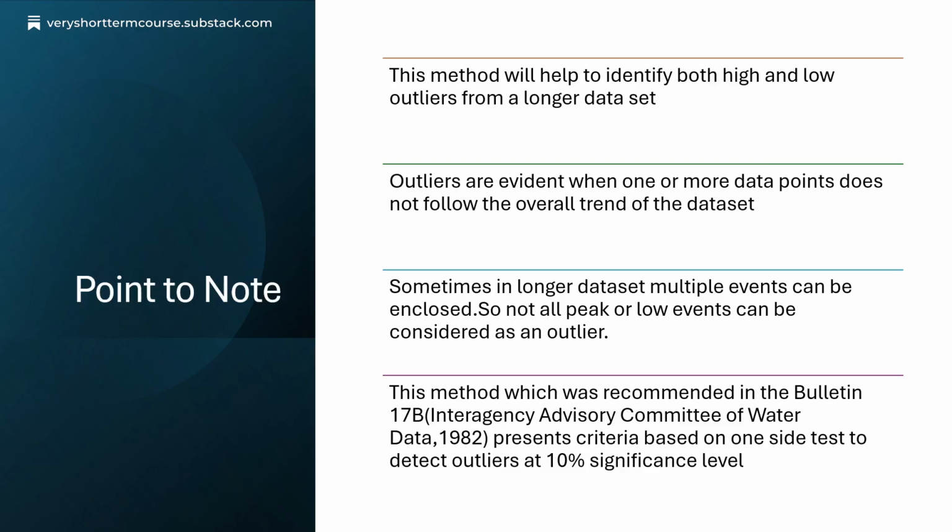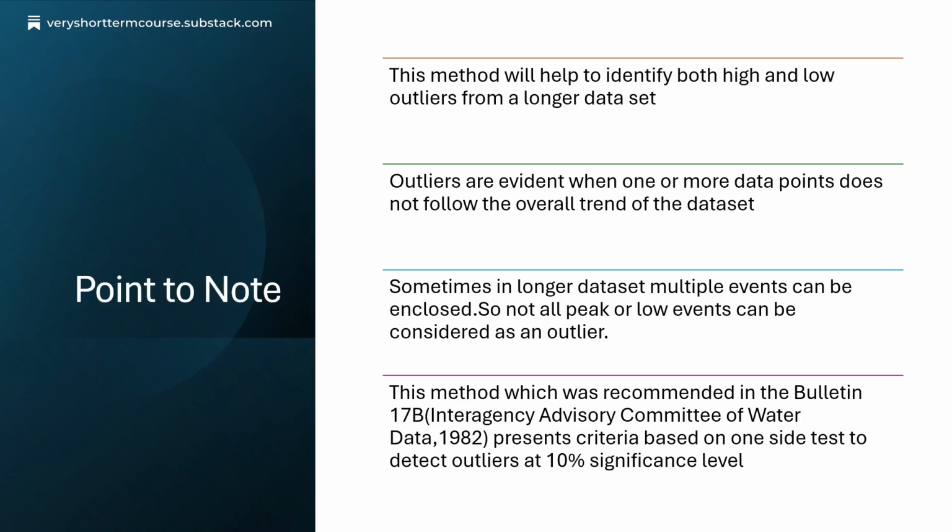And this method can only be used for a longer data set. It is not meant for a small data set. Anything more than 10 is suitable for application of this method. As I said previously, this method was recommended in Bulletin 17B in the year 1982, and this bulletin was published by the Interagency Advisory Committee on Water Data.